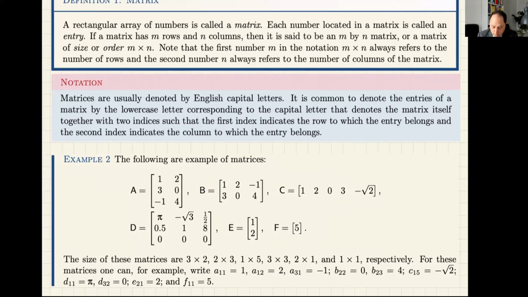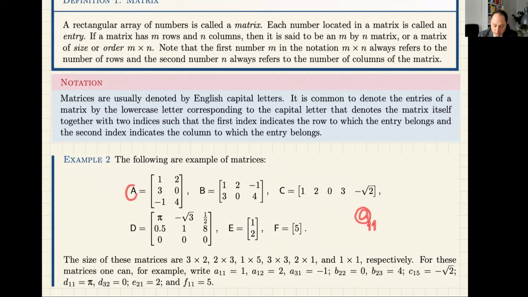So for example here you see that I have written A sub 1 1. It means that I am referring to the entry of the matrix denoted by the capital letter A, that lies on the first row and the first column.